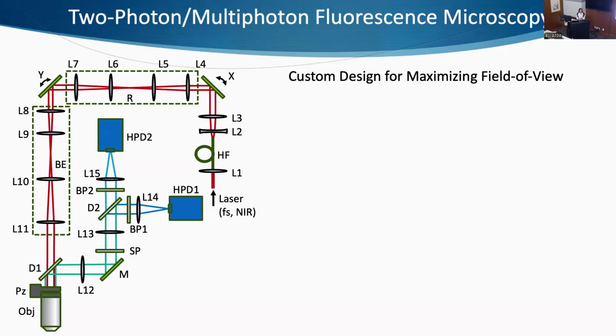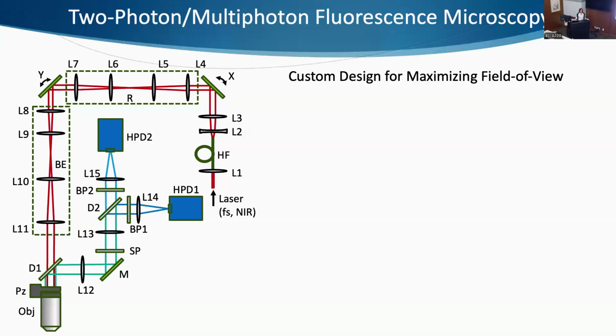The reason the setup becomes more complex is because we want to optimize different things, and there are many designs out there depending on the application. In our case, we wanted to maximize the field of view and speed.